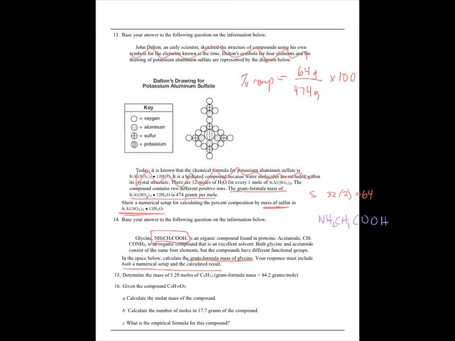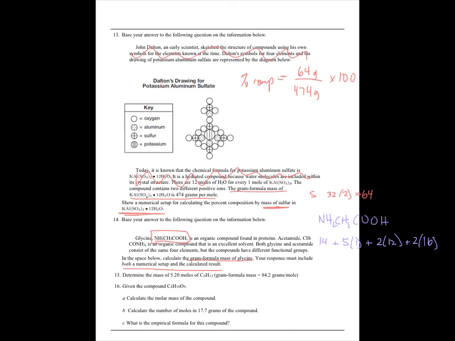There's 1 nitrogen. There's 14. Plus, we have 2, 4, 5 hydrogens. And then how many carbons do we have? We have 1, 2 carbons. And then we also have 2 oxygens. So that's our setup.